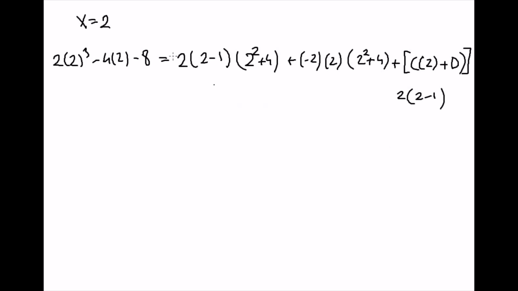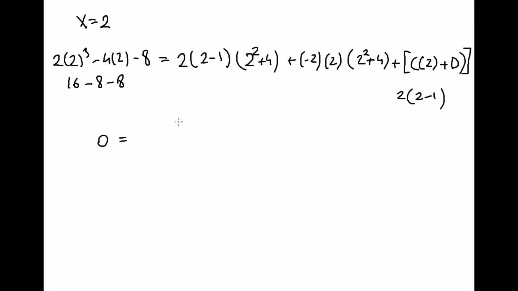Okay, instead of x, we placed 2. We know the value of a and b. Now we're going to solve for c and d. Let's clean up this equation. 2 cubed is 8. 8 times 2 is 16. And negative 4 times 2 is negative 8 and negative 8. So this left hand side is 0.